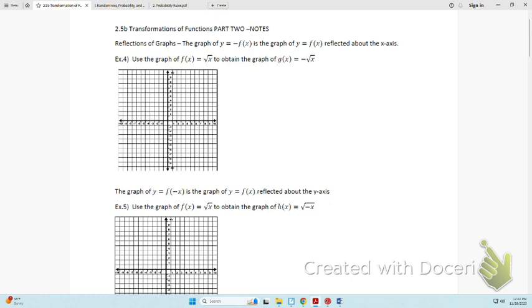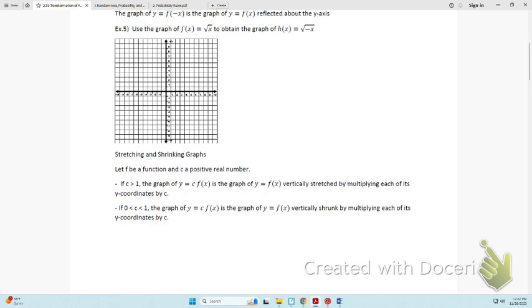All right, what if there's a number on the front? If the number is larger than 1, the textbook likes to say stretches. I like to say climbs faster. Or if you're looking at a parabola, it narrows.